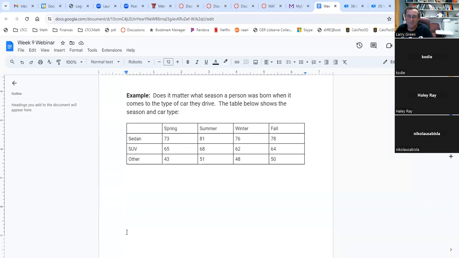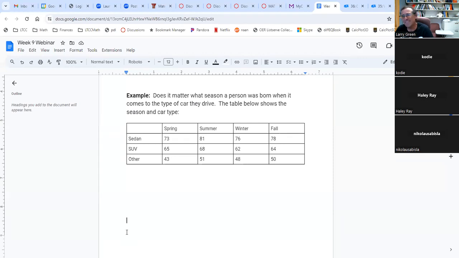Okay, I would probably say no, but hey, you might be one of those who believe in astrology, and you look at your birth sign and that tells you everything about who you are. But you never know.